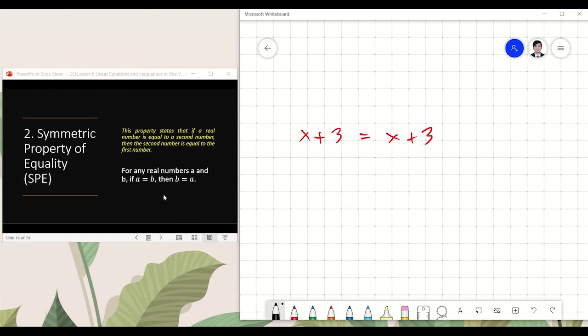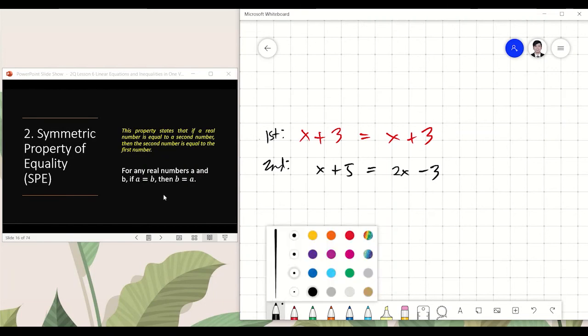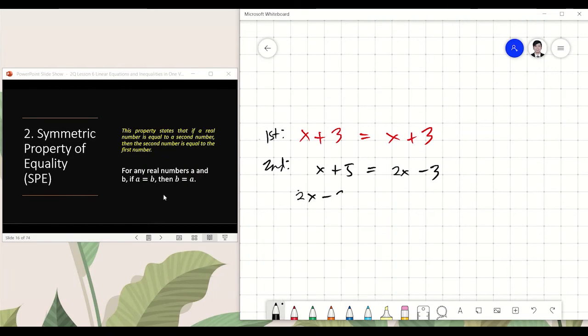So pag sinabi nating x plus 5 is equal to 2x minus 3, okay lang kahit ilagay natin yung 2x minus 3 papunta sa ating left side ng equation at saka yung x plus 5 from left to the right. Okay? So, nami-maintain pa rin natin yung equality despite the fact that we're interchanging the left with the right.